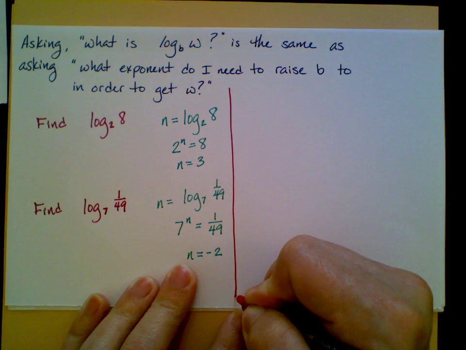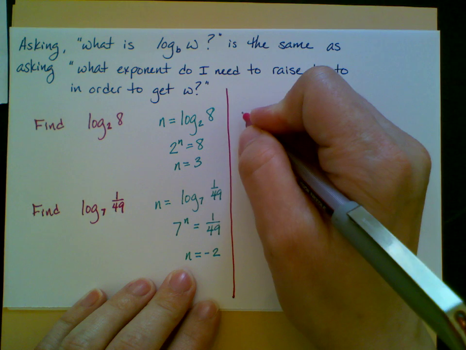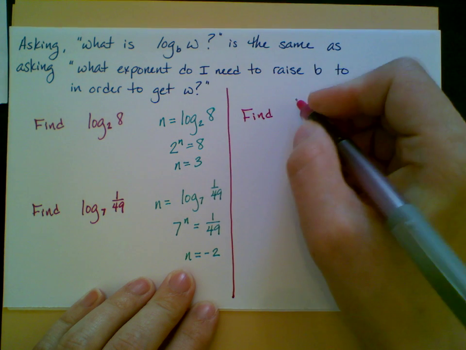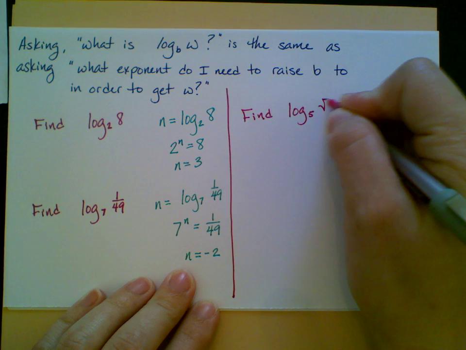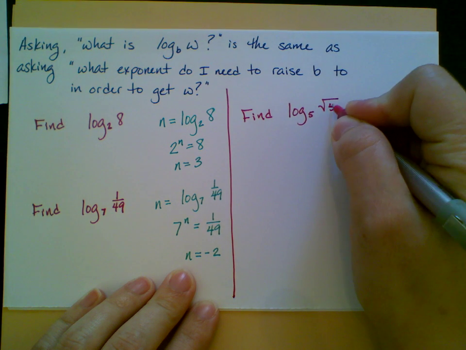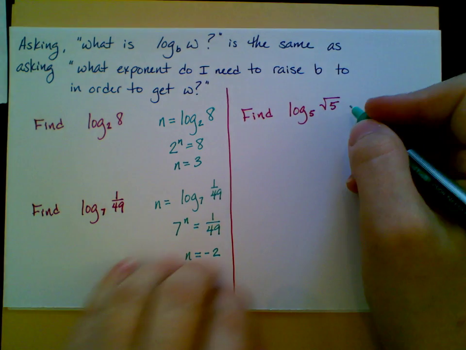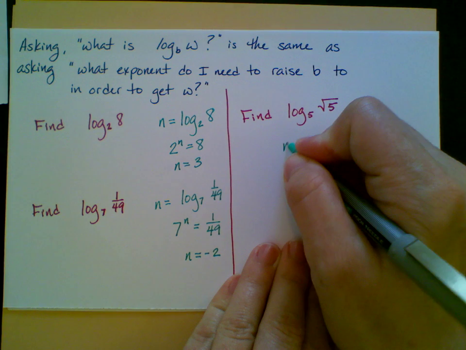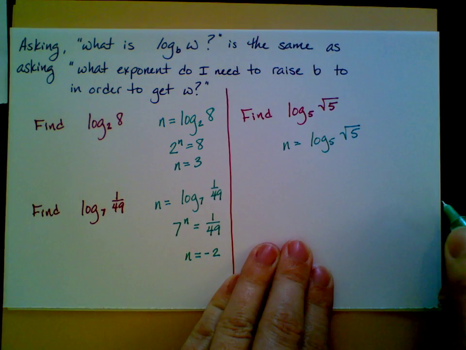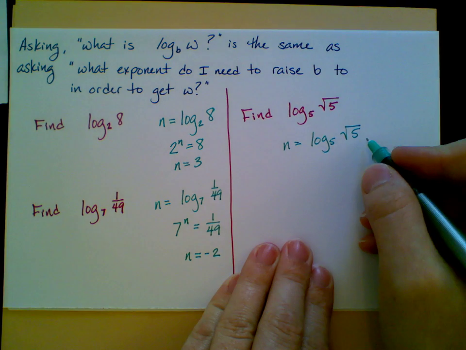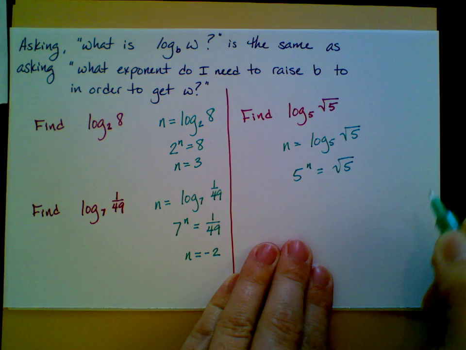I'm going to do one more example along these lines. I want to find log base 5 of the square root of 5. So again, I can rewrite this as n equals log base 5 of the square root of 5. When I rewrite that in exponential form, it'll be 5 to the n equals the square root of 5.